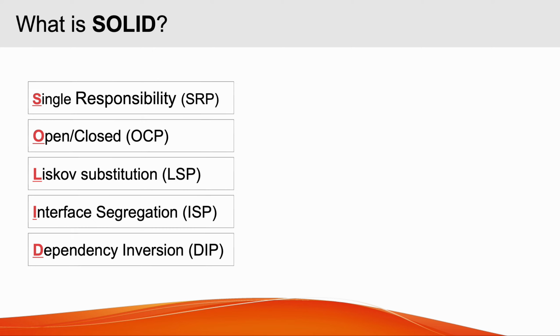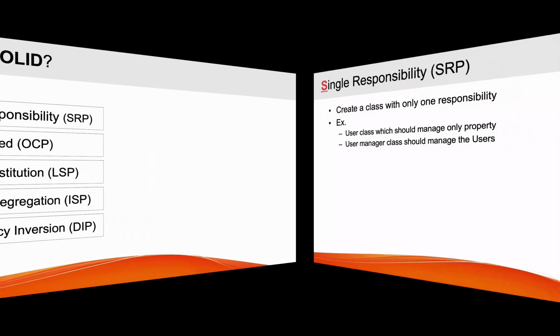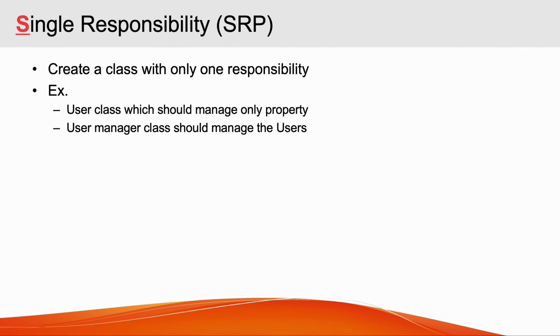Okay, we are going to see what those principles are, and we are also going to understand them through examples. Okay, so let's get started. The first principle is single responsibility. This principle states that you have to create a class with only one responsibility.